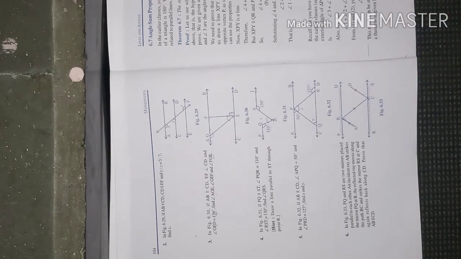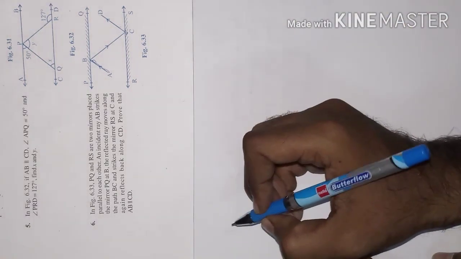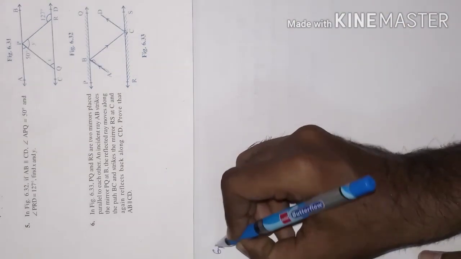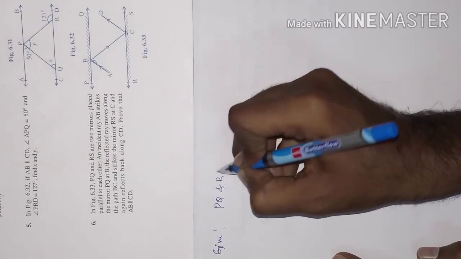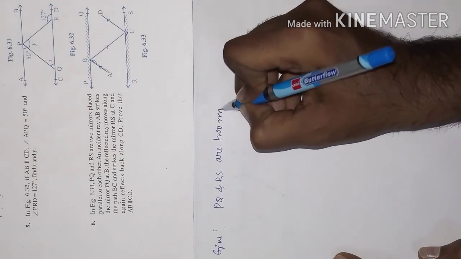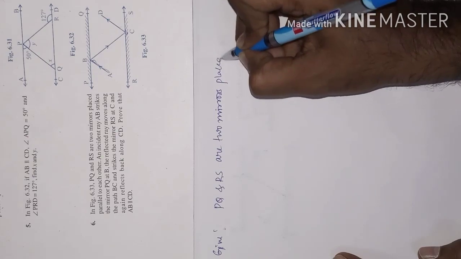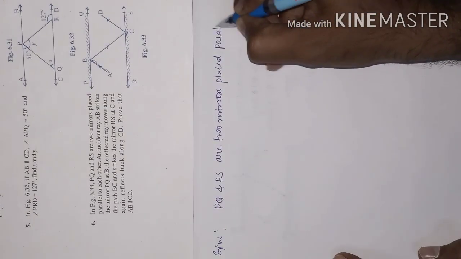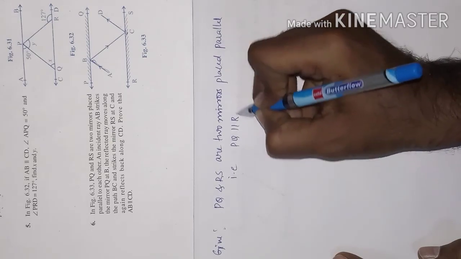Let us write the given part and then we will draw the diagram. Given: PQ and RS are two mirrors placed parallel to each other, that is, PQ is parallel to RS.